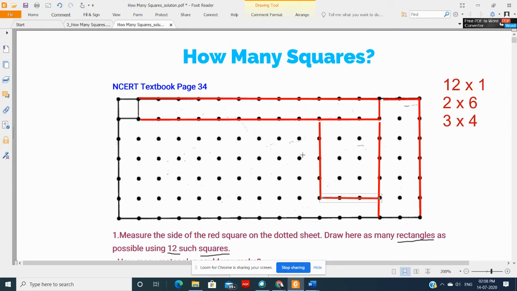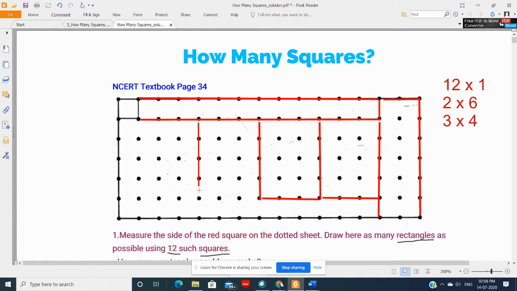Right? Similarly, the same thing we can take here also. So again 1, same box we can take here. 1, 2, 3. So 1, 2, 3 here. Right? So one more rectangle will be there. Again one more rectangle will be there.